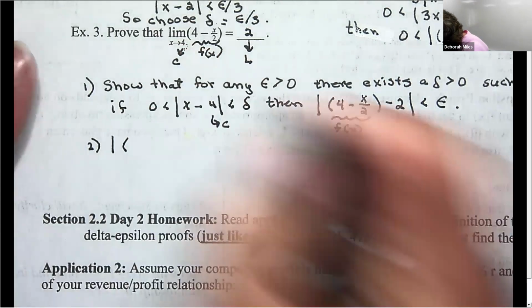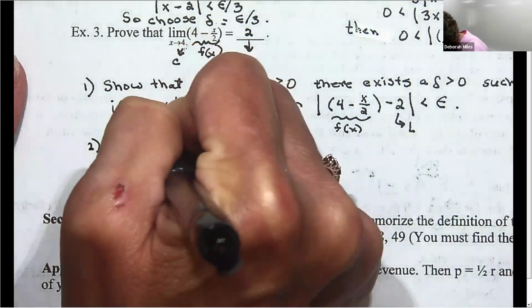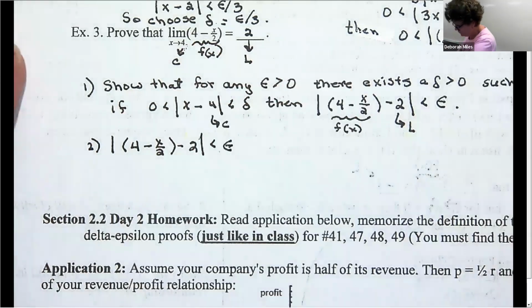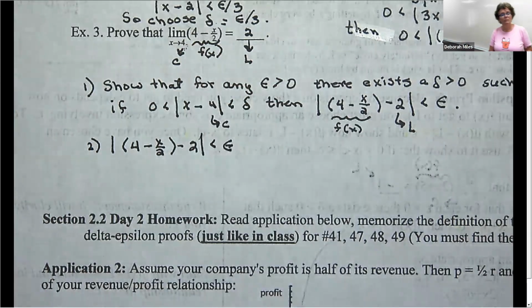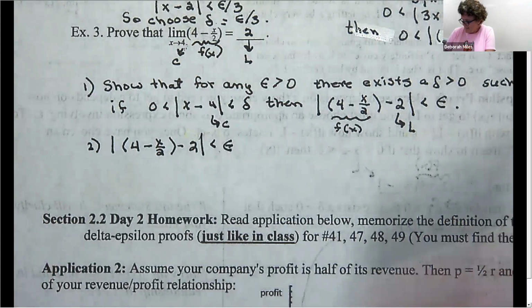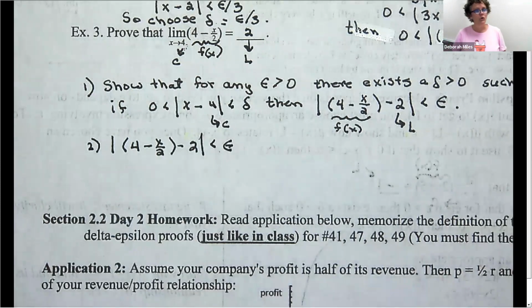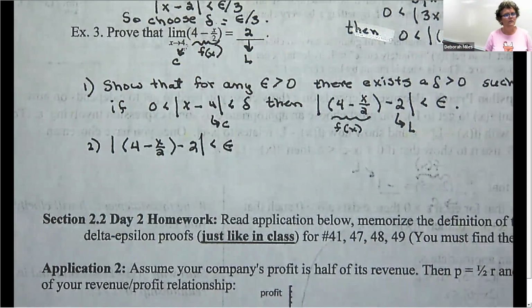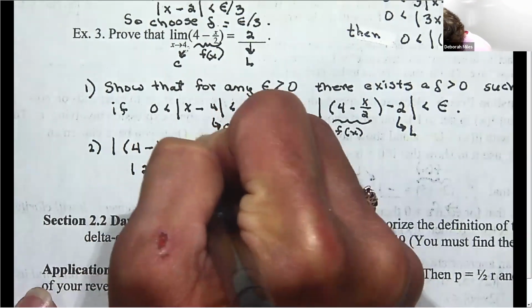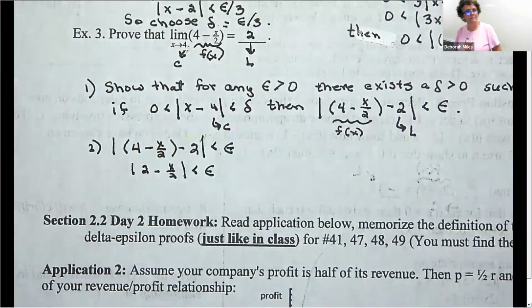Start with absolute value of 4 minus x over 2, minus 2, is less than epsilon. What do you think we would need to do in order to boil that down to just absolute value of x minus 4? Combine like terms. Absolute value of 2 minus x over 2 has to be less than epsilon. And then what?